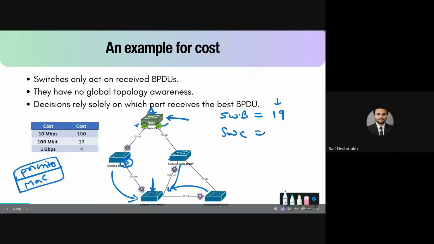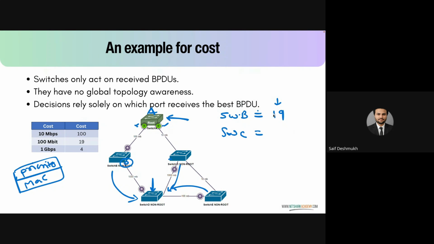Switch C also sent a BPDU and said it is 100 cost away from me. Switch E also sent 100 plus this 100, so it's 200 away from me.